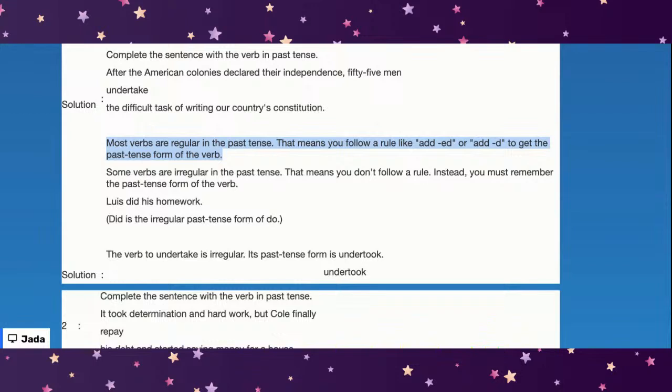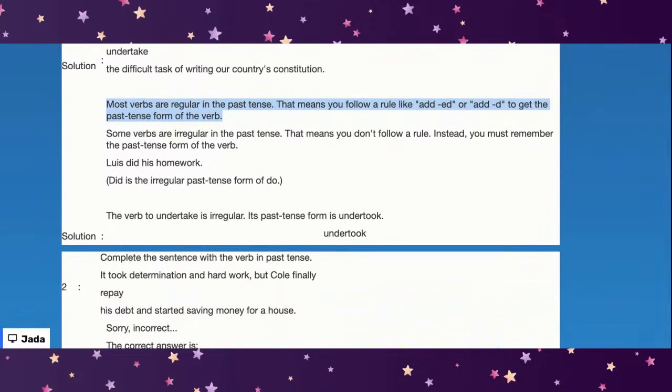So it is an irregular past. It is not part of the regular past that has ed. You have to change the pattern into the irregular form. Okay, so that's it for this one. So let's go on to the next one.